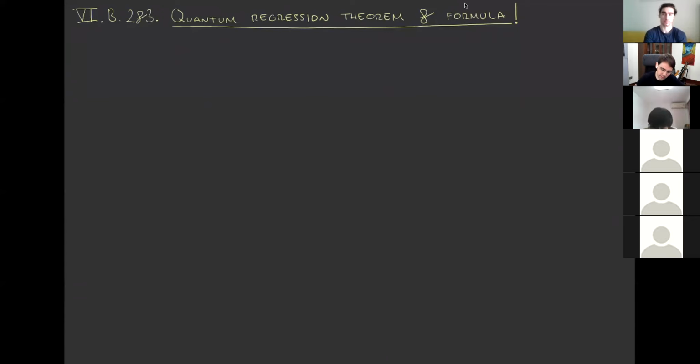So then in this section, I will just give you a couple of practical things related to this that are called the quantum regression theorem and the quantum regression formula. And we will see that these are actually very useful in open systems to evaluate correlation functions. So again, the motivation of all this that I am going to tell you is the following.